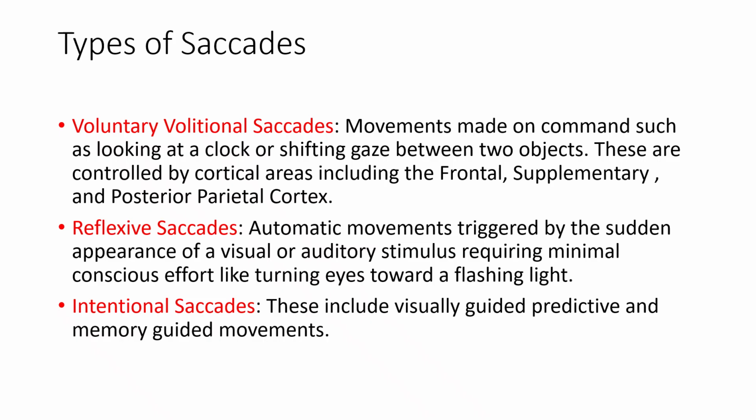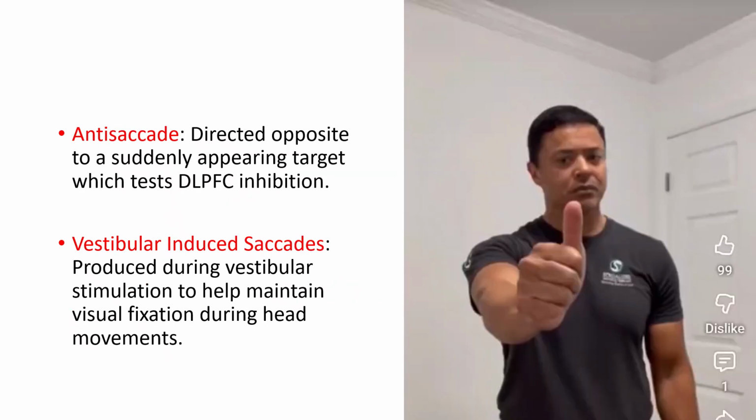Intentional saccades, these include visually guided, predictive and memory guided movements. Anti-saccades, these are directed opposite to a suddenly appearing target, which tests the function of dorsolateral prefrontal cortex. Vestibular induced saccades, these are produced during vestibular stimulation to help maintain visual fixation during head movement.